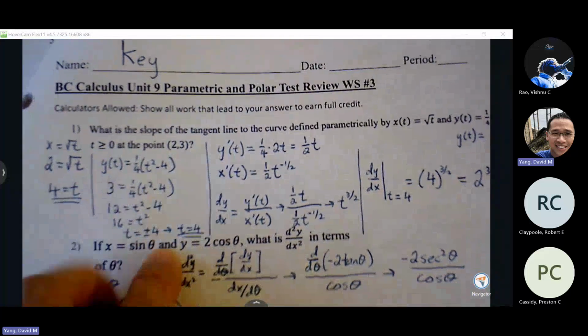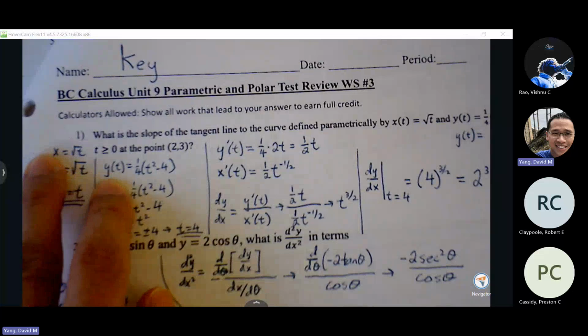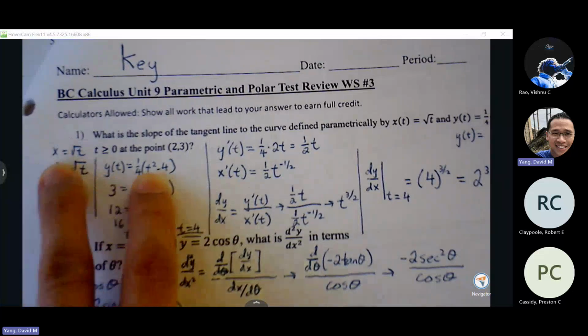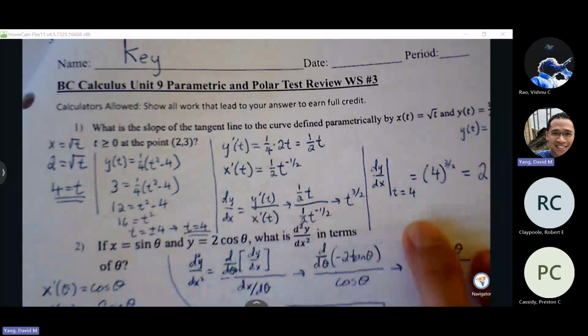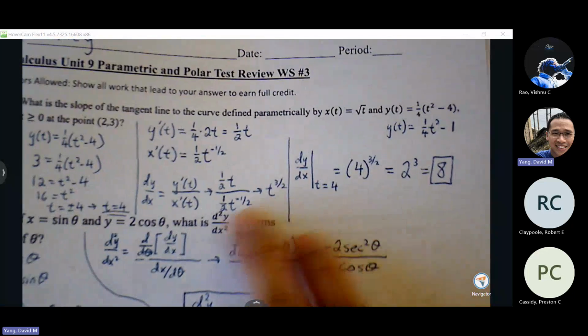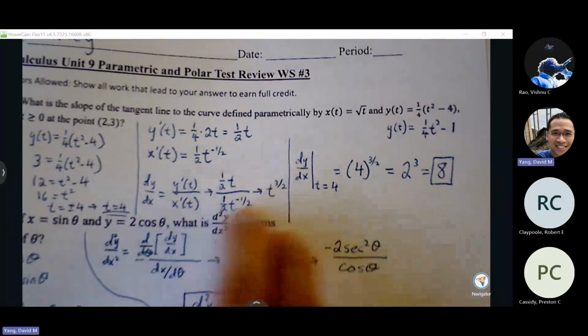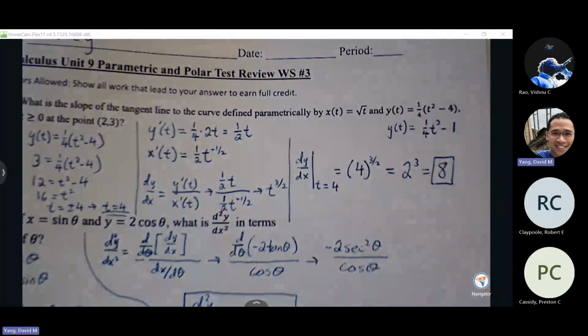So you solve for t, and then for the slope, you get the derivative dy/dx and plug in that t value. Replace the t value that you found into the slope formula.